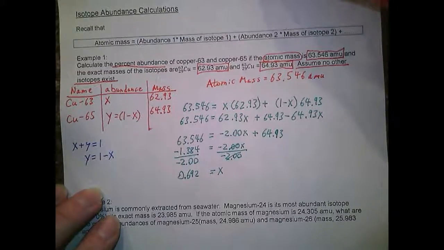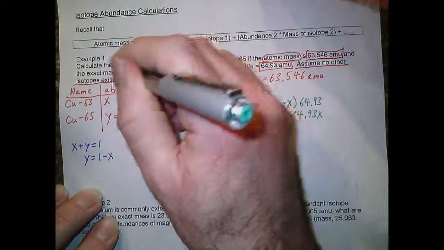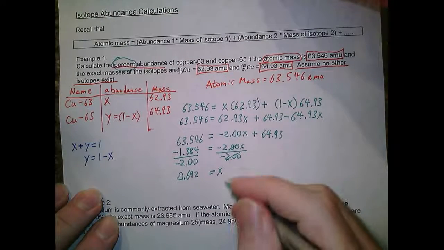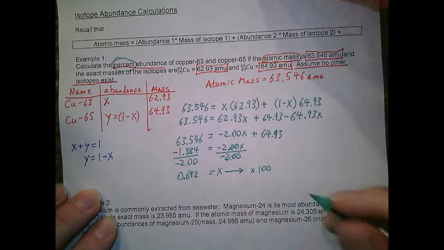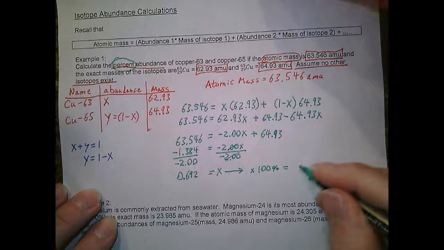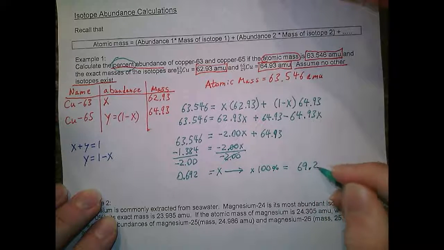All right, but the problem actually asked me for the percent specifically, so I need to turn 0.692 into a percent by multiplying by 100. So we end up with 69.2%.